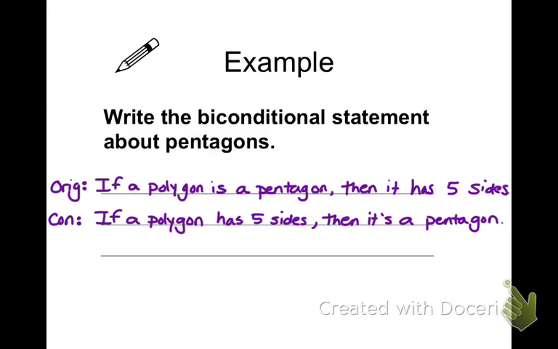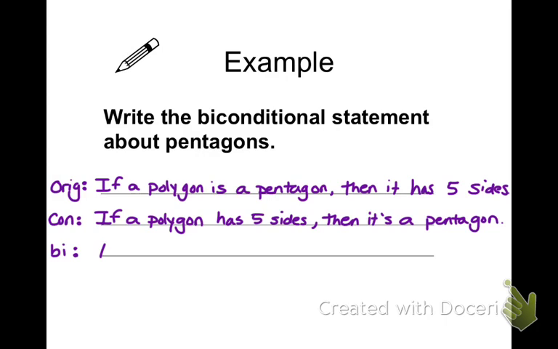So since my original and my converse are true, I can now write a biconditional statement about pentagons. Now, technically, it does not matter which of the two you use. I'm going to use the original one. So I'm literally going to delete the word if, delete the word then, and what words am I going to put in between? If and only if.